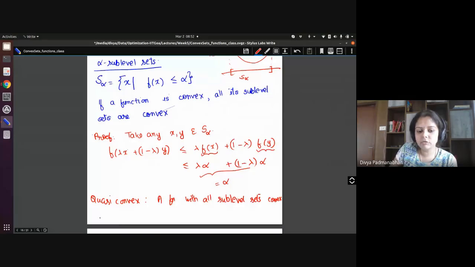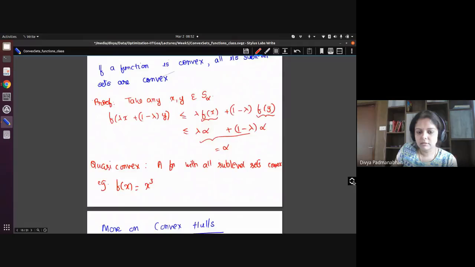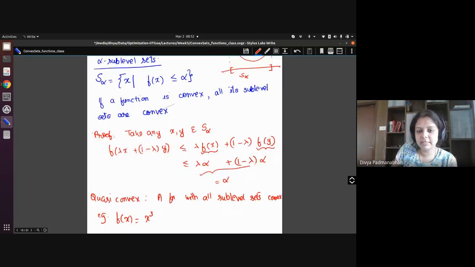An example is f of x equals x cubed. You can verify that all its sublevel sets are convex, but the function is not convex itself. Any questions so far?